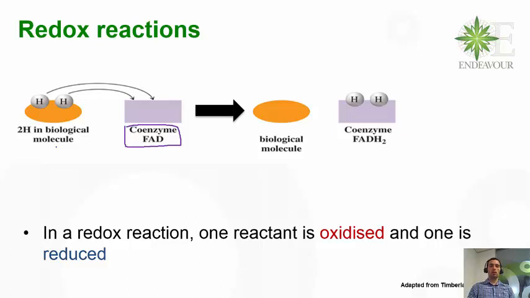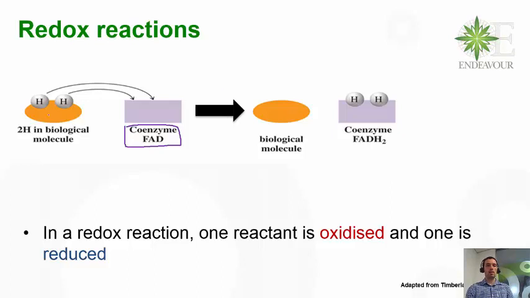And what makes these coenzymes even more special is they can actually be the hydrogen donators as well. So not only can they accept hydrogen from biological molecules, they can also donate hydrogen to biological molecules as well. So that essentially means that they can either oxidize or reduce a different reactant that they're reacting with.